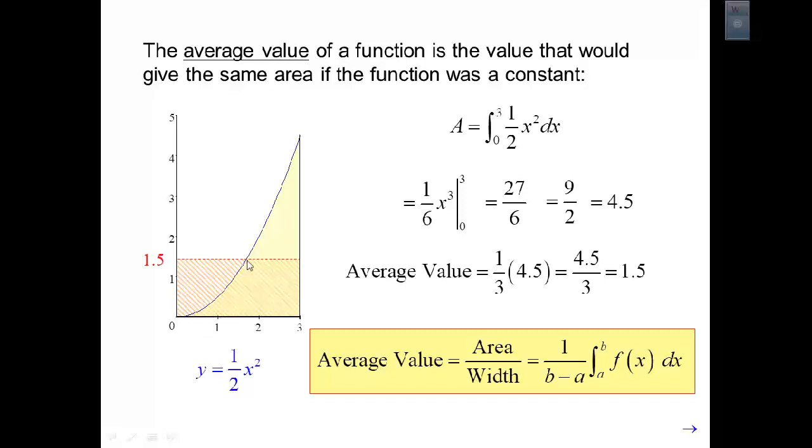Well, they're equal right there. So it's saying that somewhere in there, the average value, the integral divided by the width, has to be equal to the function value at some point. So that's that point right there.